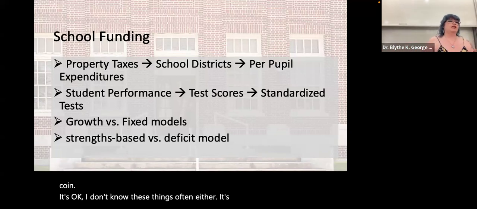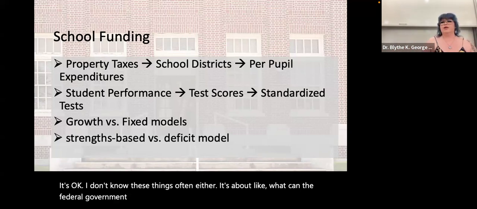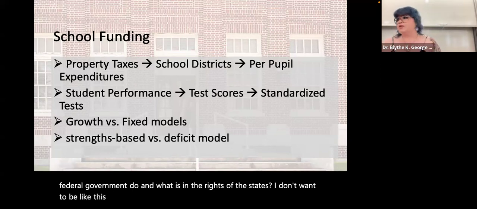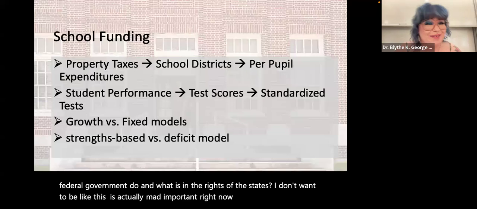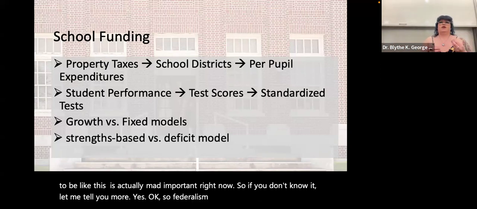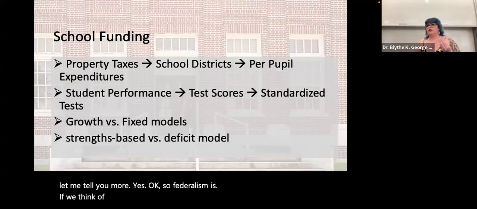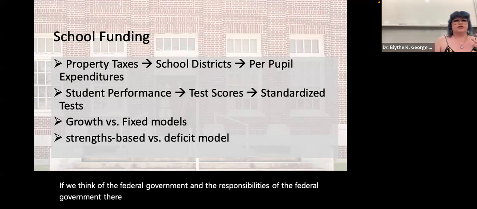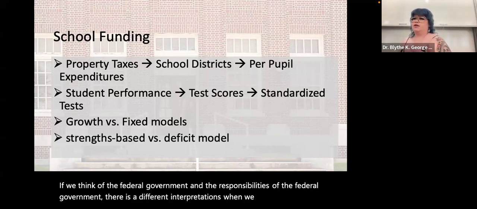It's about what the federal government can do and what is in the rights of the states. This is actually really important right now, so if you don't know it, let me tell you more. Federalism is, if we think of the responsibilities of the federal government, there are different interpretations of how we use the Constitution.